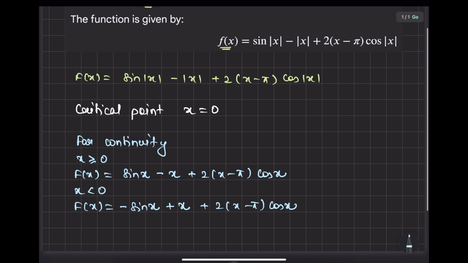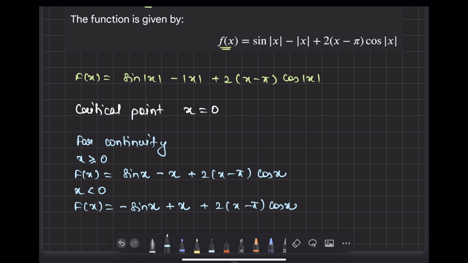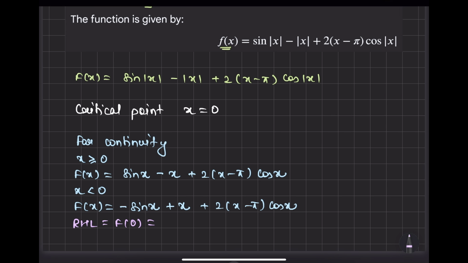Now, you know that for RHL and f of a, you will be using this definition. So RHL equals f of 0 equals sine 0, which is 0, this is 0, and this thing will become, if you substitute, this is 0, this is 0, and x is 0, so it is minus cos 0 which is 1, so it is minus 2 pi.